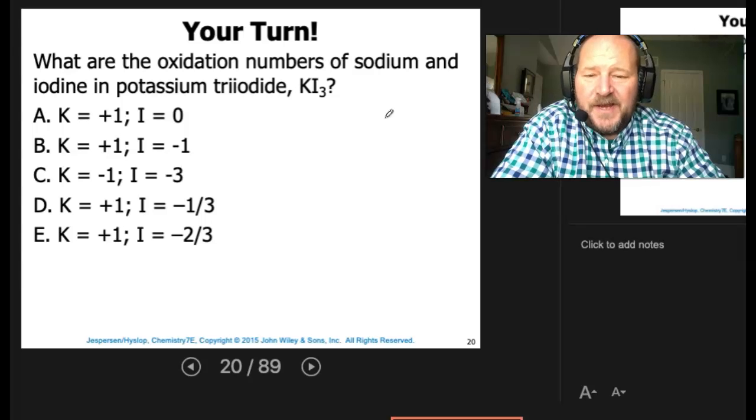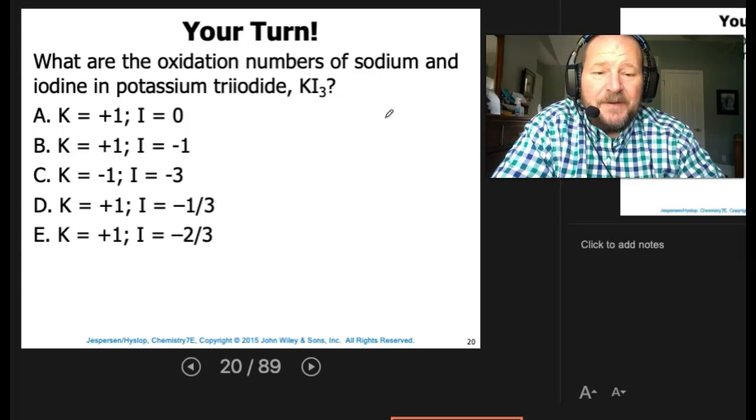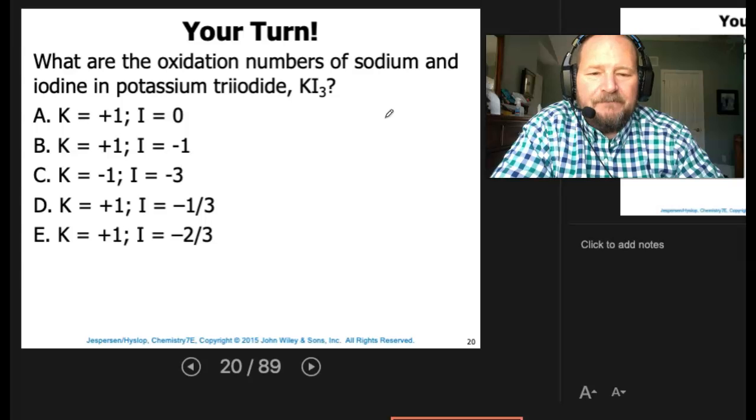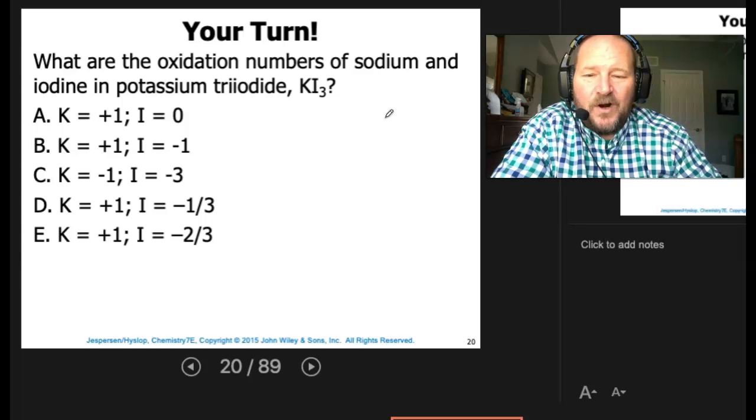It's one of the first rules we have. Iodine should be a minus 1, but we have 3 of them. And the whole thing has to equal 0. So obviously the iodine cannot be a minus 1, because if it were, then we'd have plus 1 minus 3 equaling 0, and that can't happen. So the iodine here then, strangely enough, will have a minus 1/3 oxidation number.